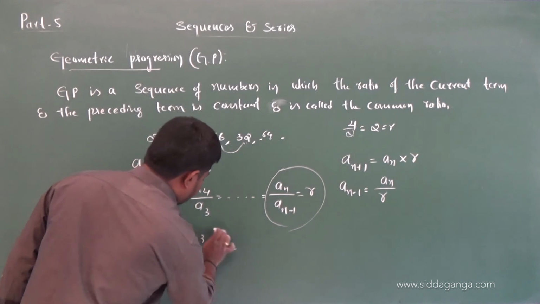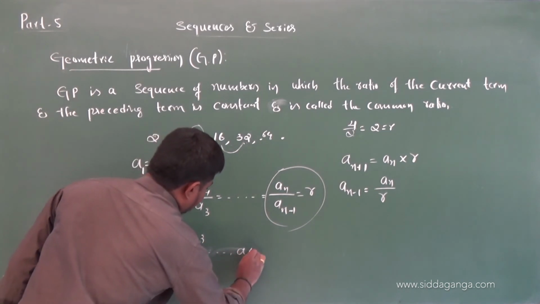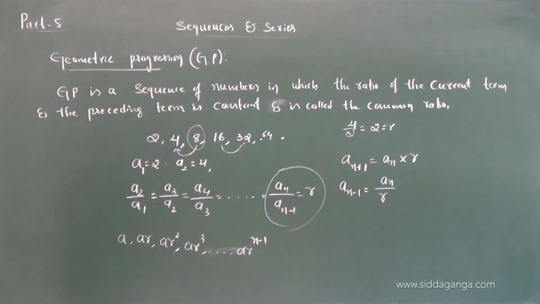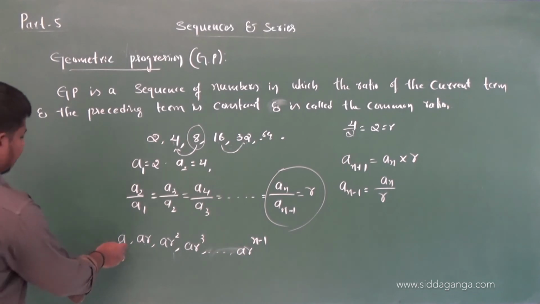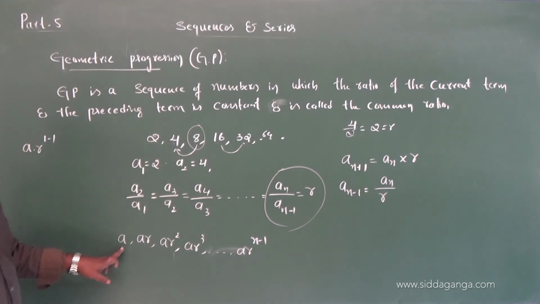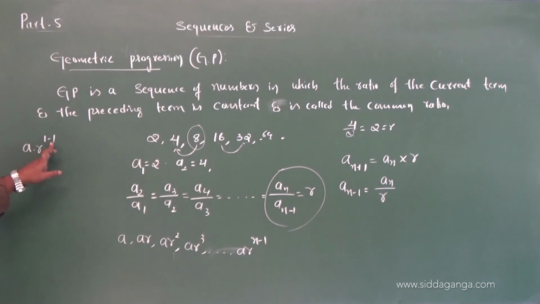And the nth term will be equal to A into R power of n minus 1, because the first term can be written as A into R power of 1 minus 1. Here 1 minus 1 is 0, and R power of 0 is 1.